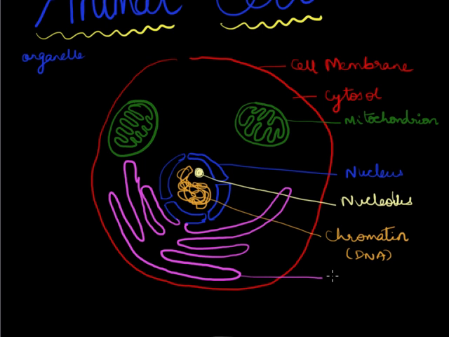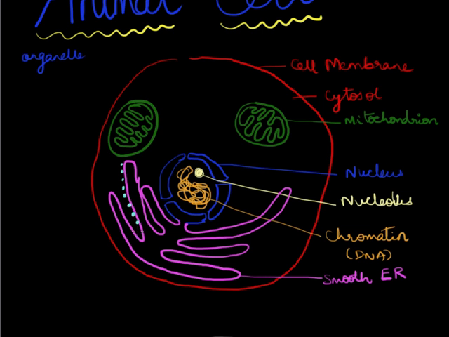Now what we see here is the smooth endoplasmic reticulum, because it doesn't have anything attached to it. So I will write endoplasmic reticulum as ER. And the other type of the endoplasmic reticulum is the rough type. So the rough type is so called because it has ribosomes attached on the outer side of its membrane like this.